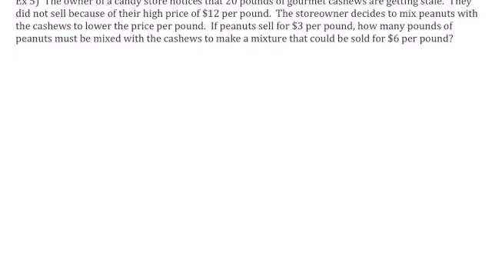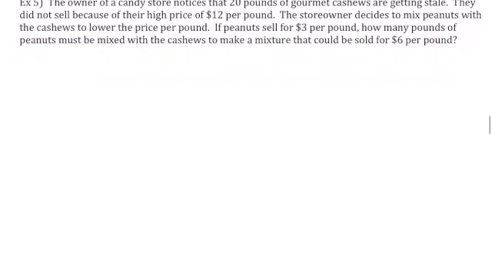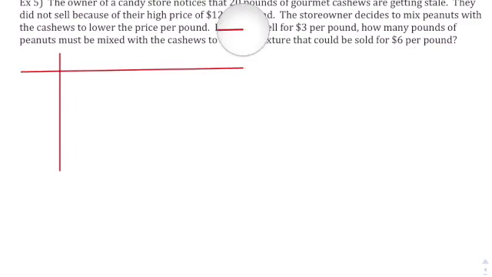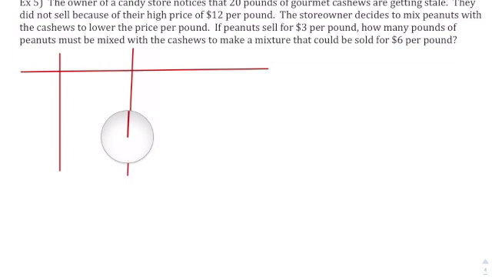On the side we are going to label all our nuts, the mixture. And on the top we are going to make the price, the number of pounds, and equals the value.